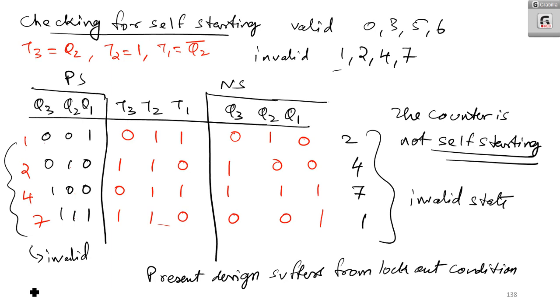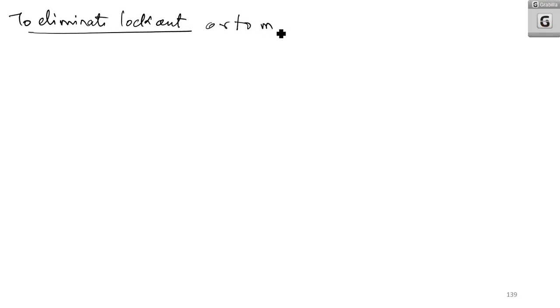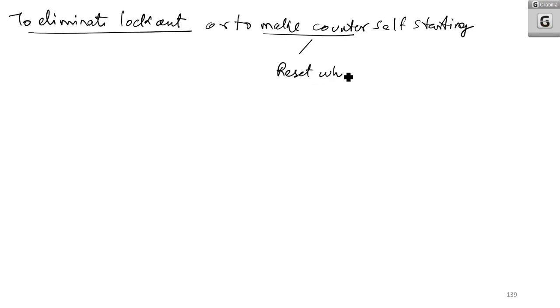So to eliminate lockout, or to make the counter self-starting, two ways are there. One is you can reset when an invalid state is encountered.